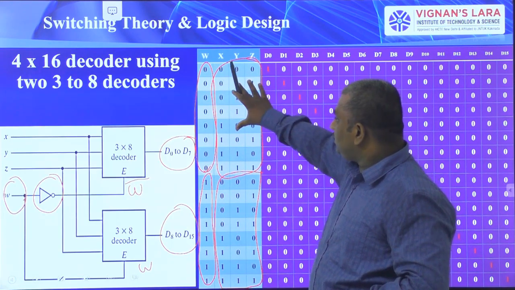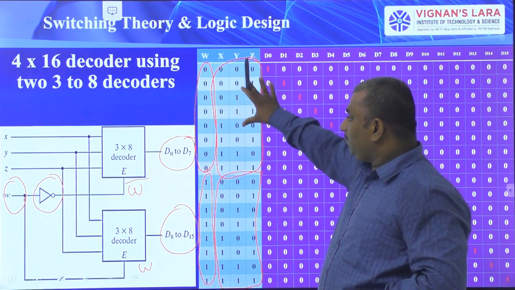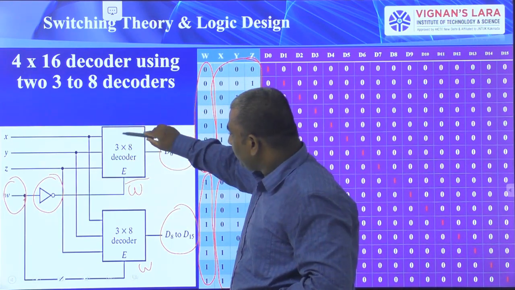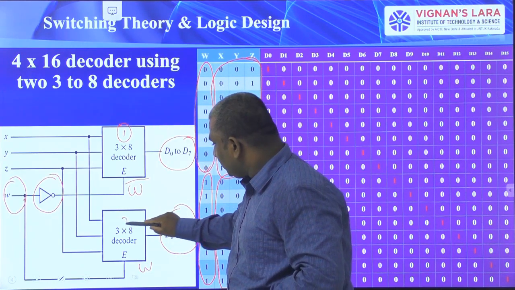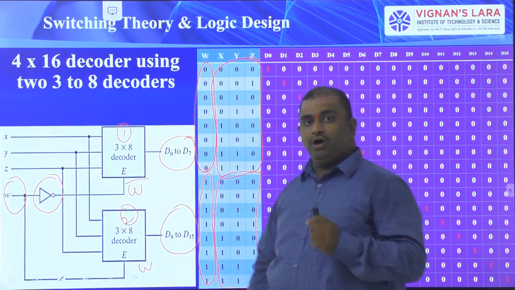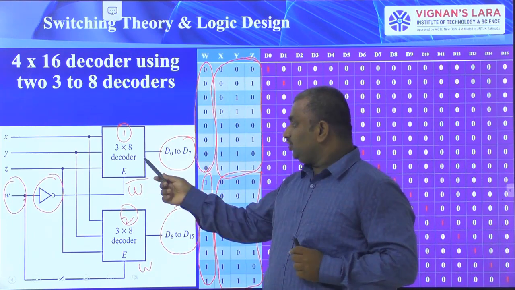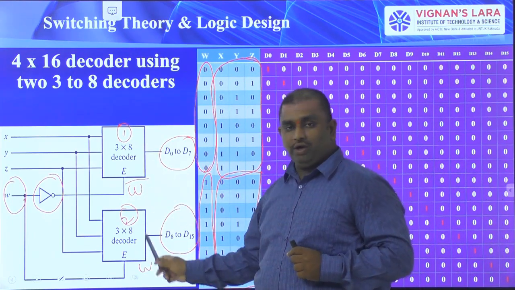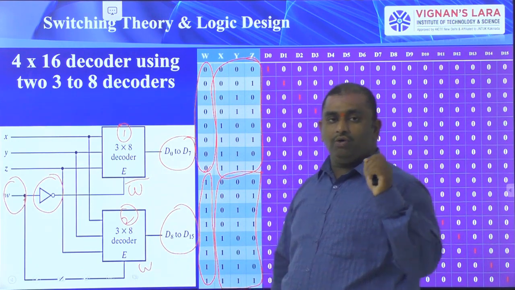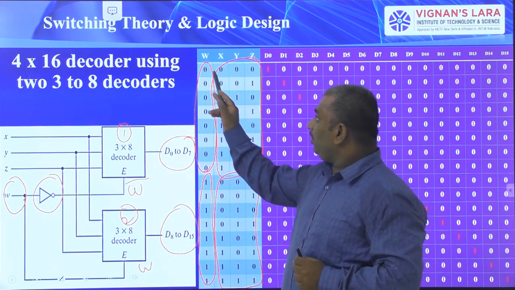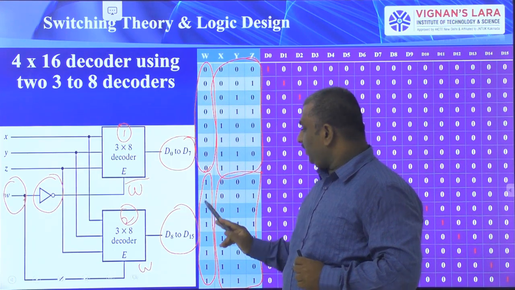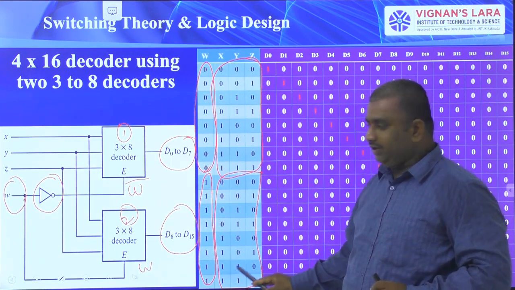So these 8 operations are done by the first decoder, and this is the second decoder. When you are drawing this diagram, you have to mention 3 to 8 decoder first one, 3 to 8 decoder second one. Like that you have to represent. With W equal to 0, 8 combinations; with W equal to 1, 8 combinations.